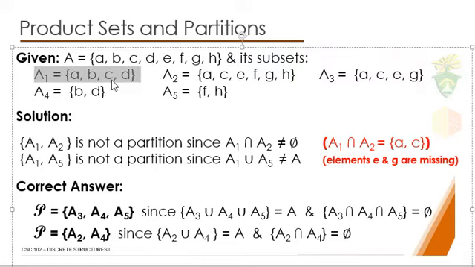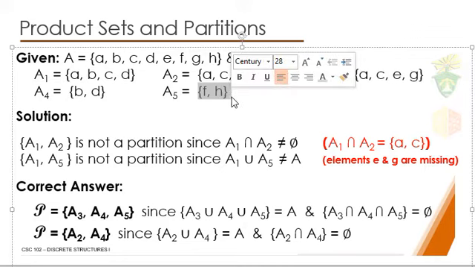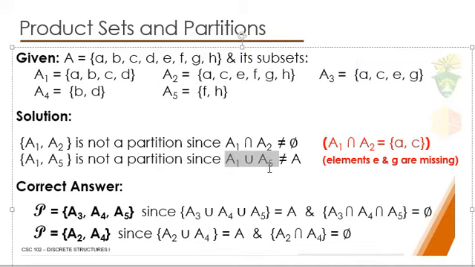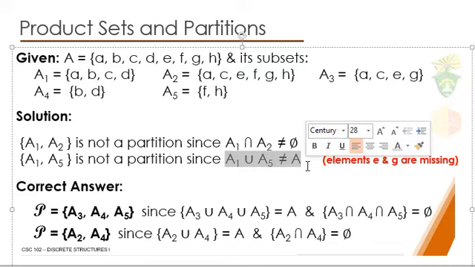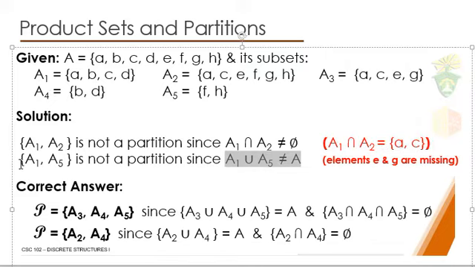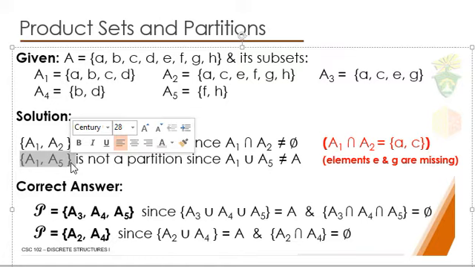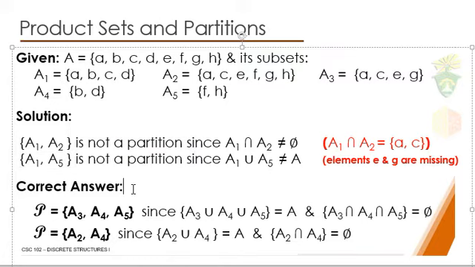We have A, B, C, and D. So, kulang og E, F, G, H. So, karon, si A sub 5, unsay sulod ni A sub 5? We only have elements F and H. So, asa si E or si G? So, for the union nga criteria, wala na siya ni-qualify. So, meaning, this set containing A sub 1 and A sub 5 is not a partition set.